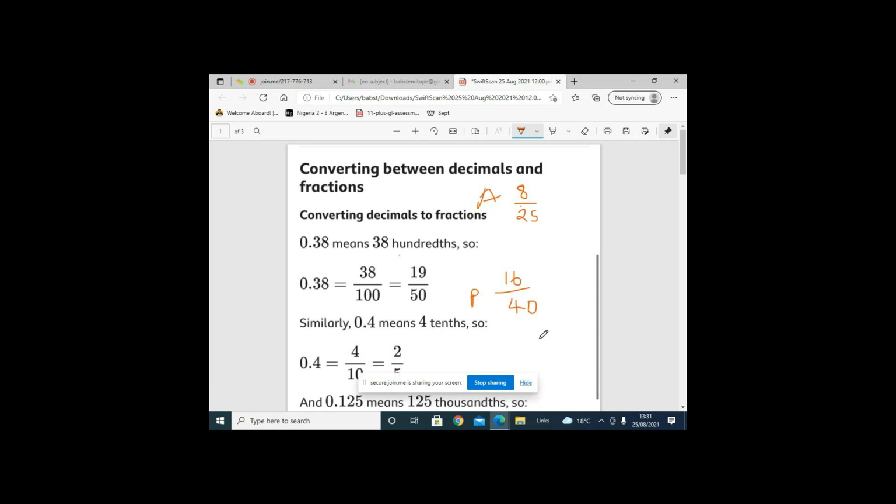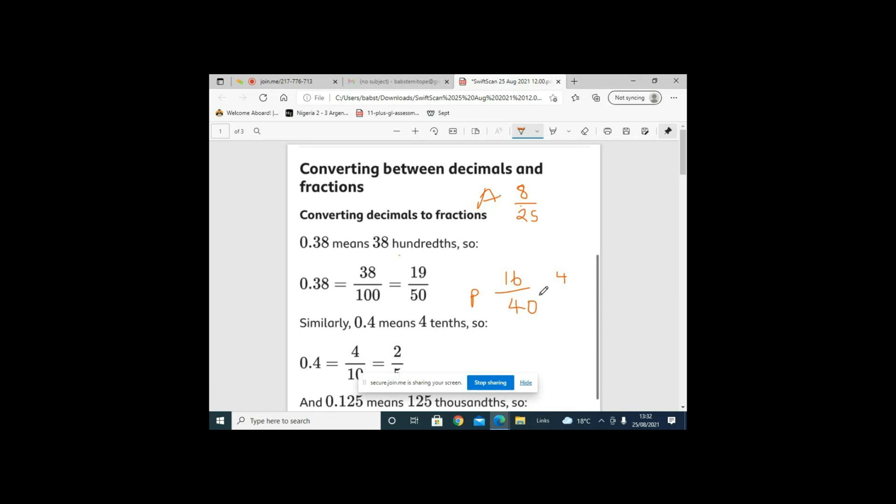You know what it is? 16 over 40. You take it down to what? To 4 over 10. I didn't take it down, I took it up. So that was wrong, right? Yeah. Is that 0.32? Okay, you're right, let me take it down then.